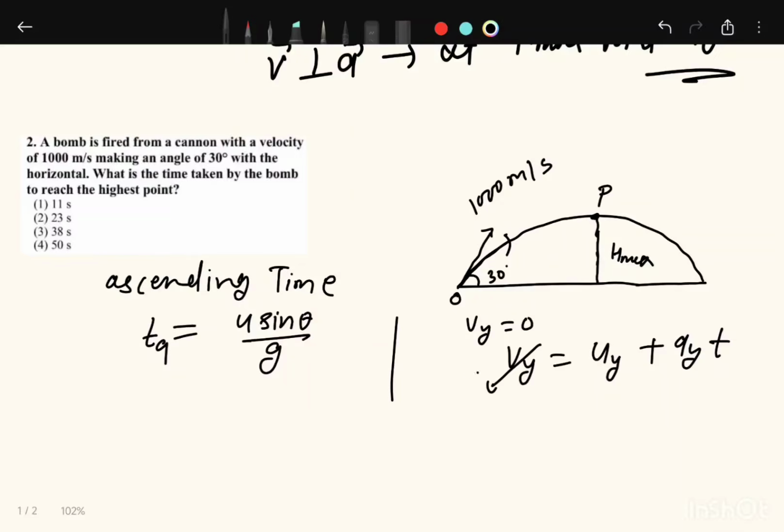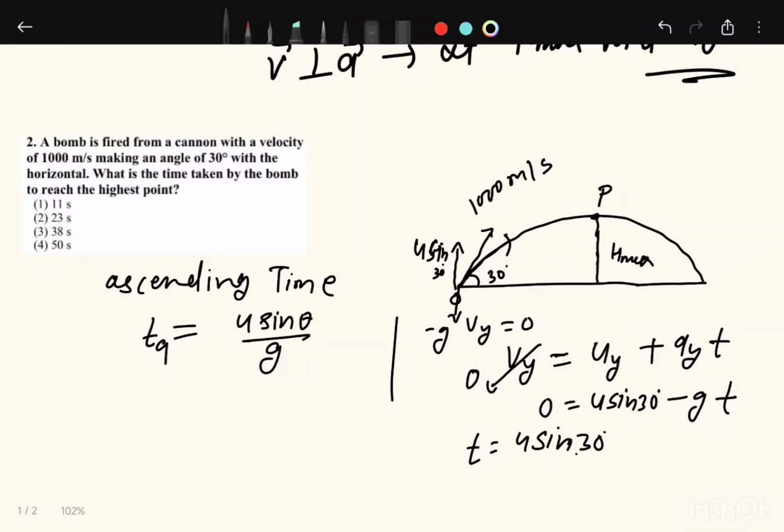So vy is 0, uy will be u sin 30 degrees, and ay is minus g. So your t will be u sin theta by g. This is how we get our formula for ascending time.